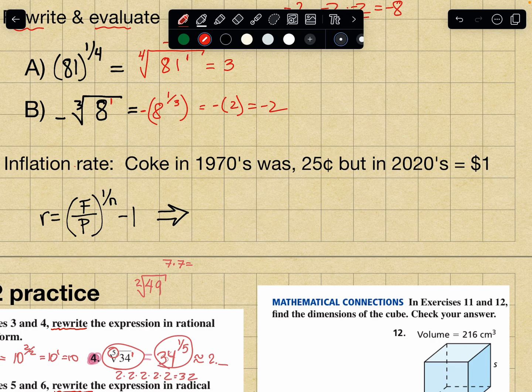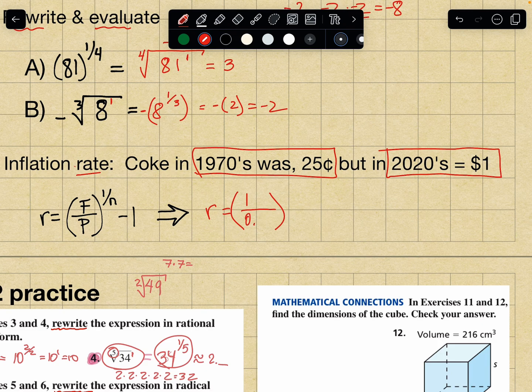All right, we can find this inflation rate based on these 2 facts. So here's fact 1. Here's fact 2. Item number 1, okay? In my formula, to find the rate R, I need to know the final price divided by the original price. So the final price was $1.